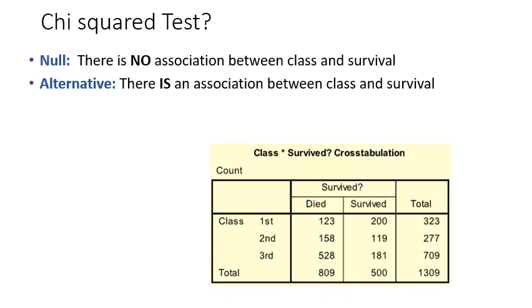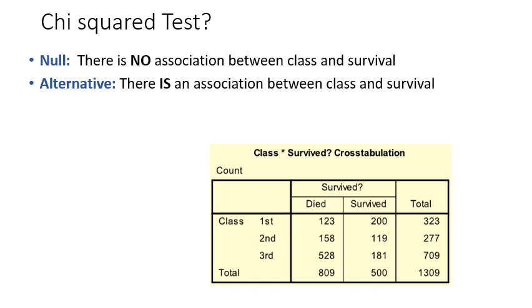Looking at this cross tabulation, this is a snippet of the SPSS output when you run SPSS. Okay, so here you have your class, first class, second class, third class. That is your rows. And your columns is the outcome, whether the passenger died or survived.